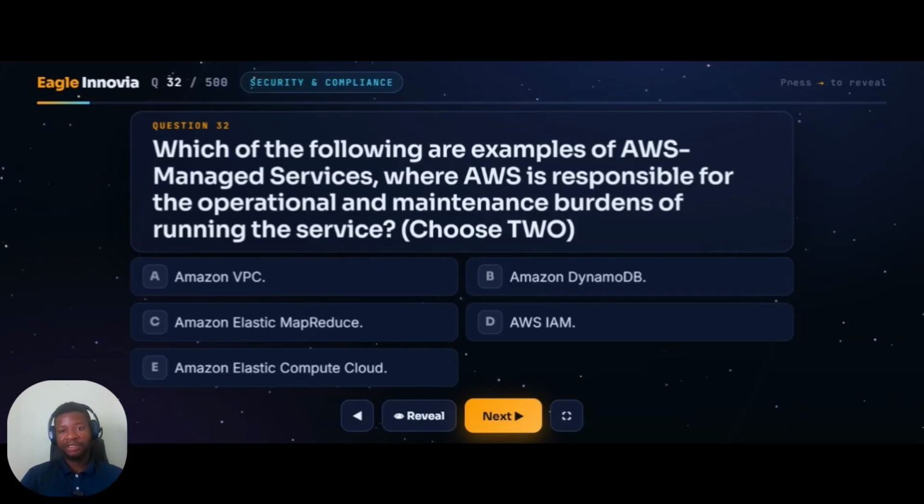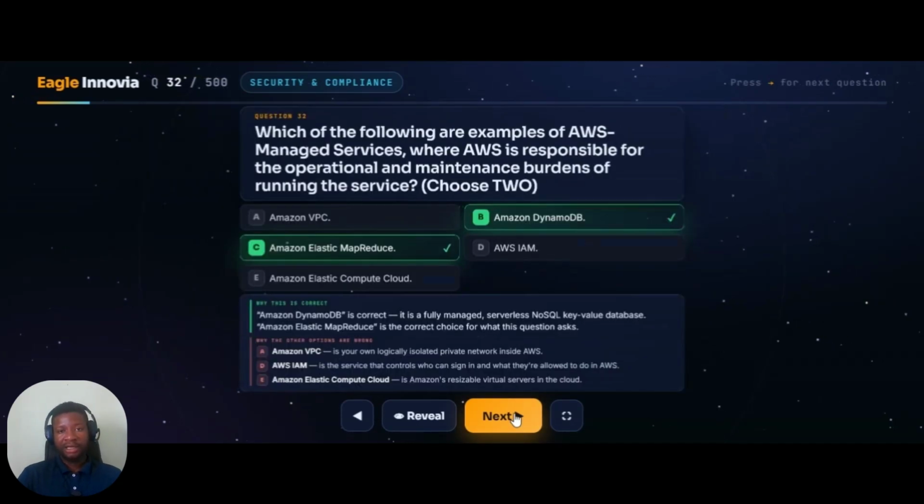D. AWS IAM. E. Amazon Elastic Compute Cloud. The answers are Amazon DynamoDB, which is a fully managed serverless NoSQL key value database, and Amazon Elastic MapReduce. These two options are correct.